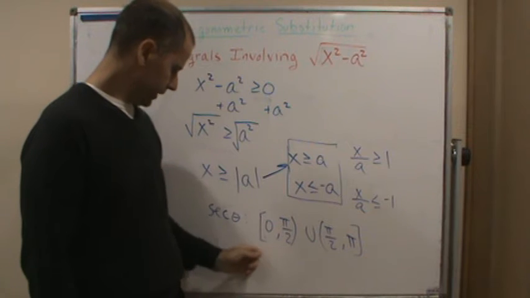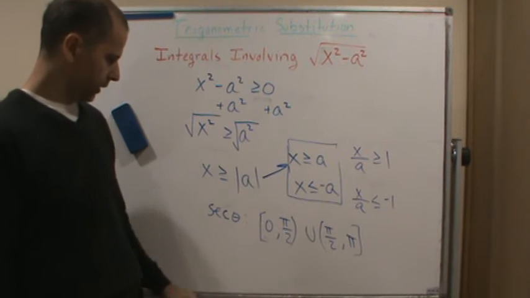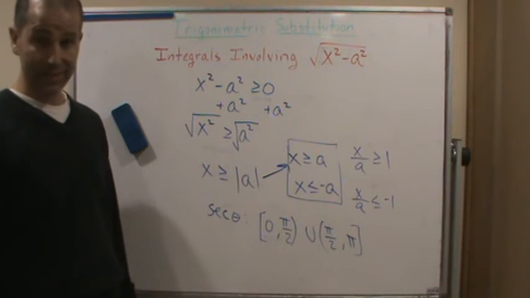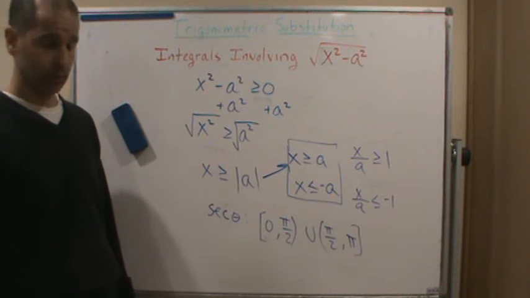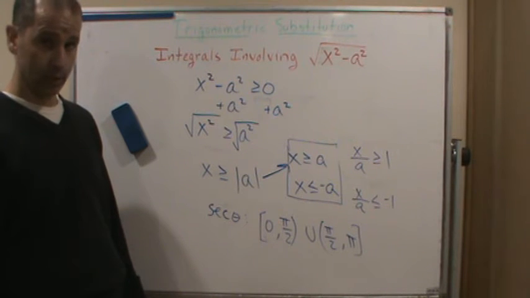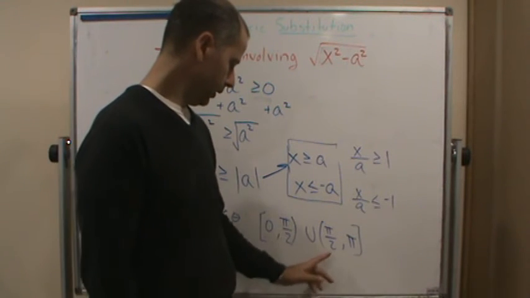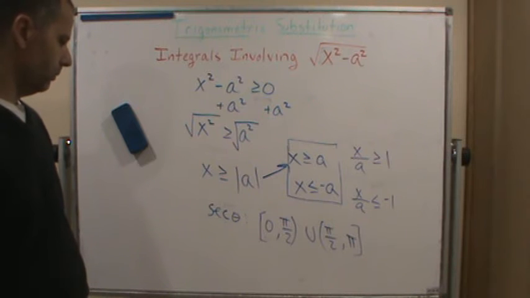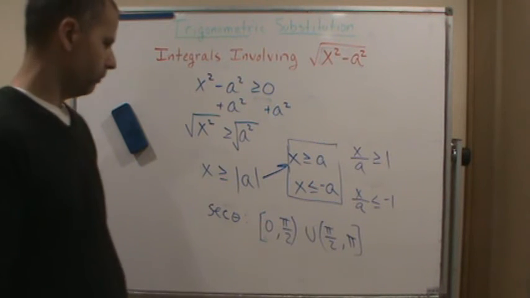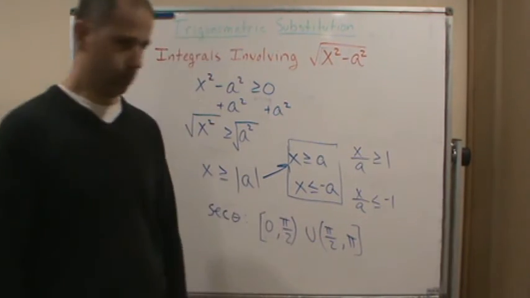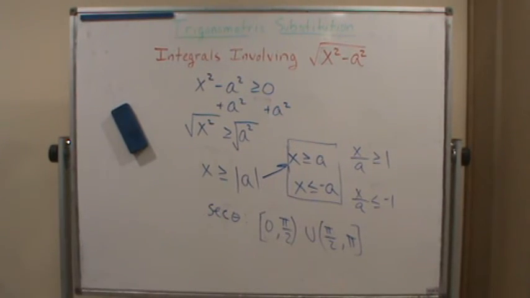Secant is 1 over cosine, and cosine of 90 degrees is 0, so secant is undefined. So we can't include pi over 2. So this corresponds to secant on that interval.